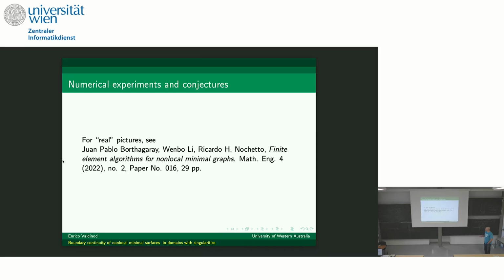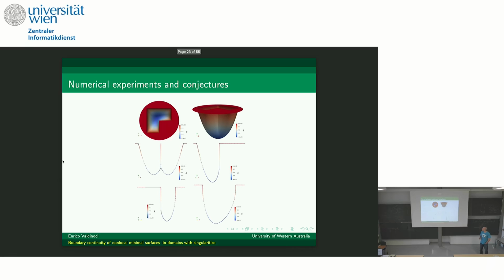But then, fortunately, there was a team of Bortagaray, Lee, and Nochetto who decided to seriously use numerics to draw pictures of non-local minimal graphs. And this is actually a hard task because, since the problem is non-local and it involves the whole space, and actually the stickiness is a long-range effect, one has to be very accurate in the numerics.